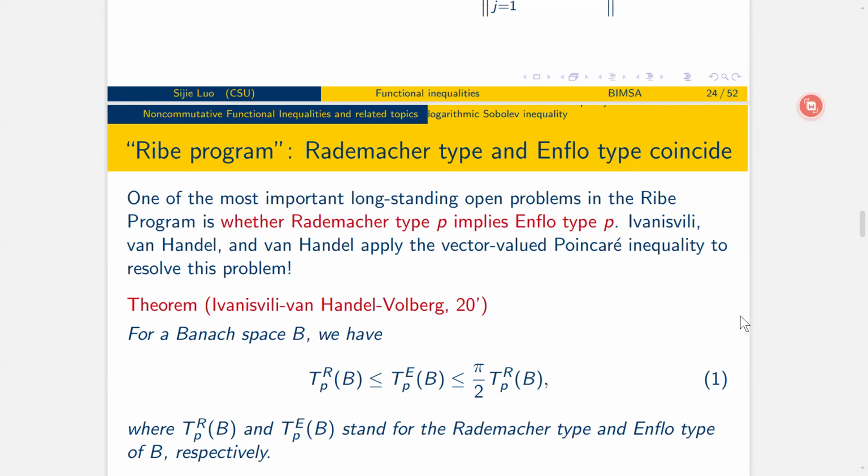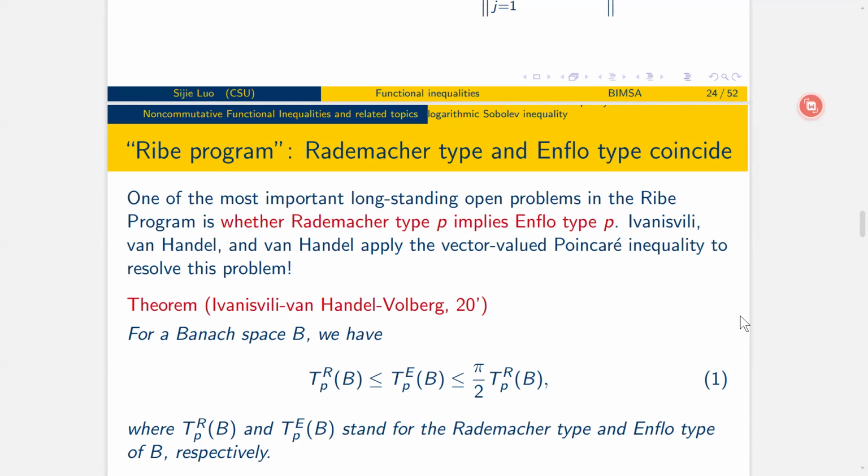The Poincare inequality implies the Khintchine inequality trivially, by choosing a specific f, the sum of Rademacher series, that is the sum of Rademacher random variables. But the converse direction, whether Rademacher type implies enflo type, was a long-standing open problem, and it was finally solved by these three authors in 2020.